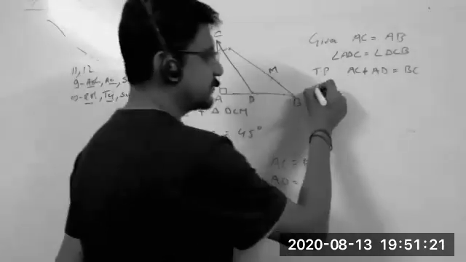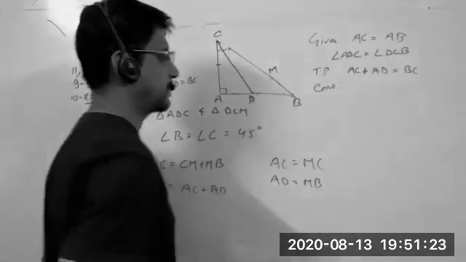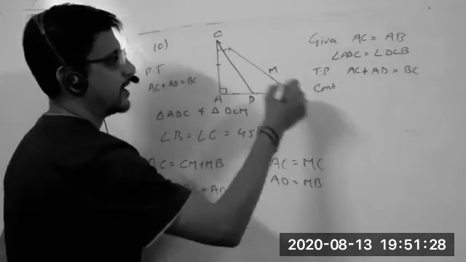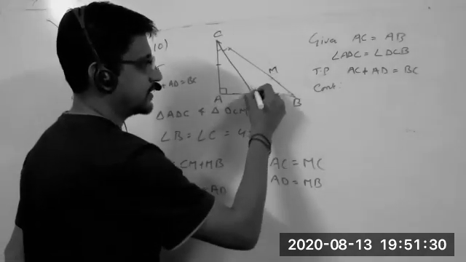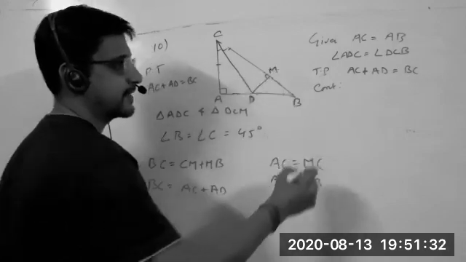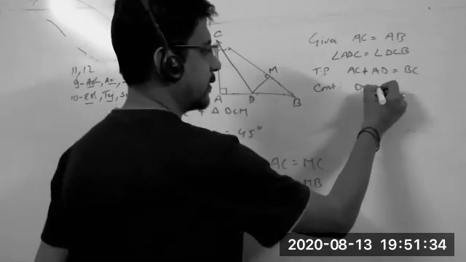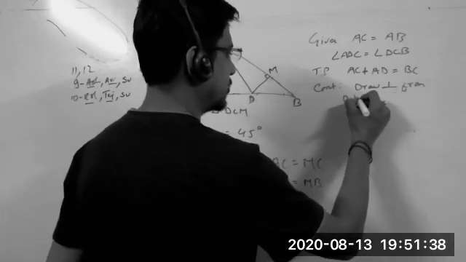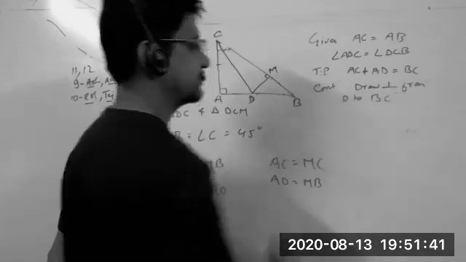The construction we have to do: drop a perpendicular from D to BC, touching it at M. Draw a perpendicular from D to BC. Correct?